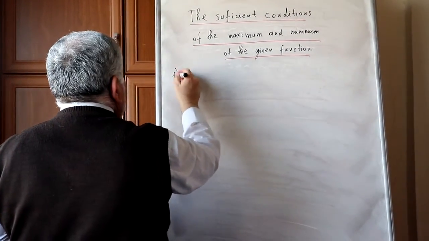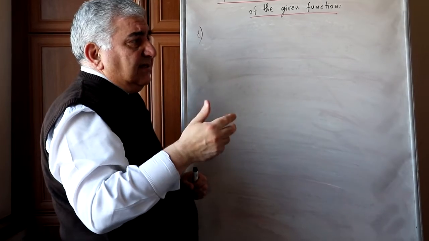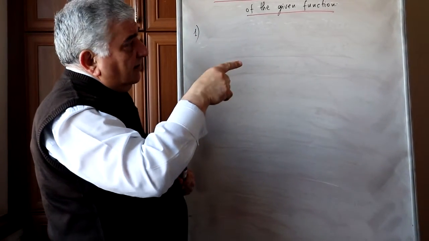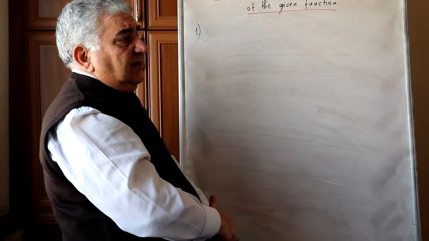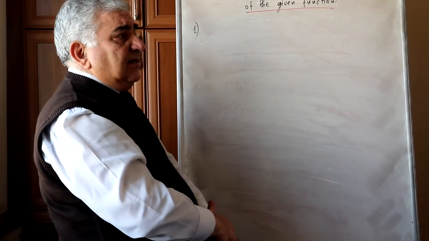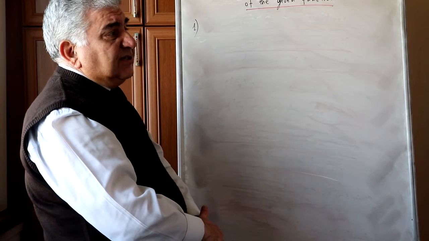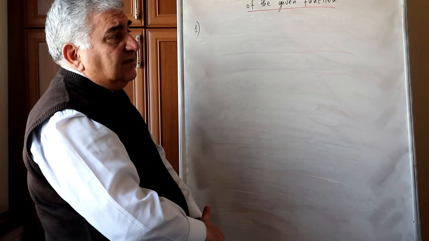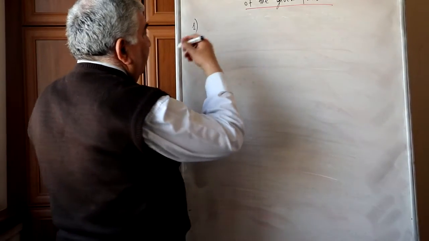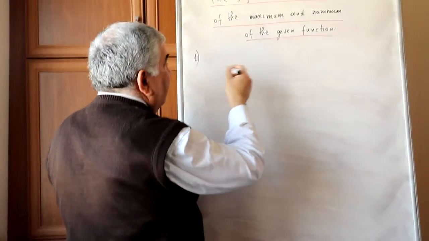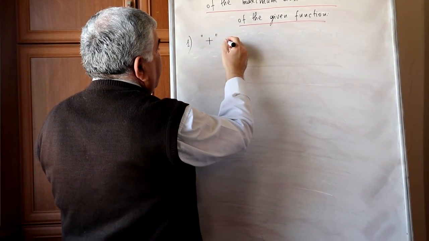First point: if in passing through the critical point on the real axis, from left to right, the derivative of the given function changes sign from plus to minus, then this critical point is the maximum point.